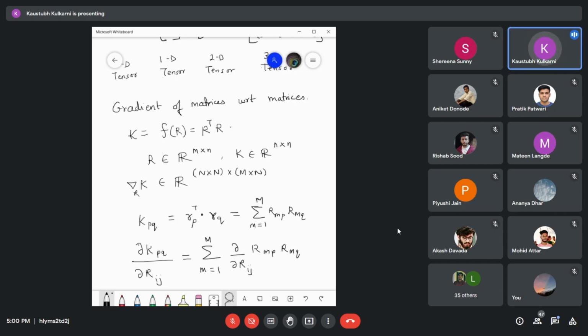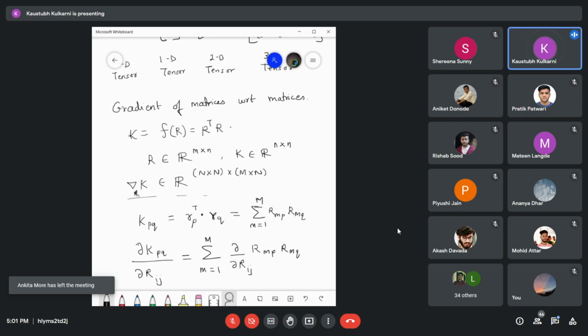The dimensions of R are M cross N, and therefore, because we are taking R transpose first and then R, the dimensions of the product will be N cross N. So this is the gradient of the product K. We can actually omit this part, but it is with respect to R, just to indicate that here we are calculating with respect to a matrix. That's why I had written R over here.